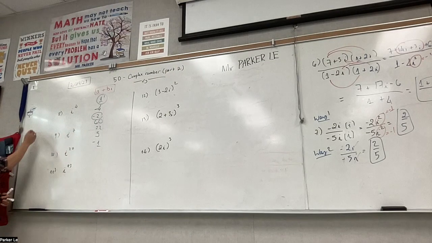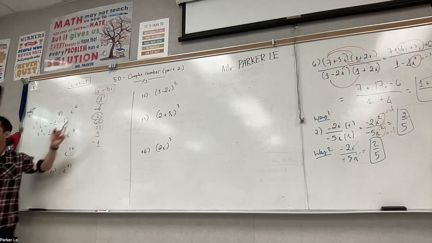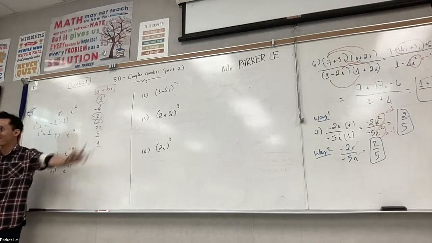Keep the 1. What is i squared? Negative 1. Same strategy. I want to find i to the 4th. I multiply by another i squared, right? That means I multiply by another negative 1, correct? You should have kept the answer.